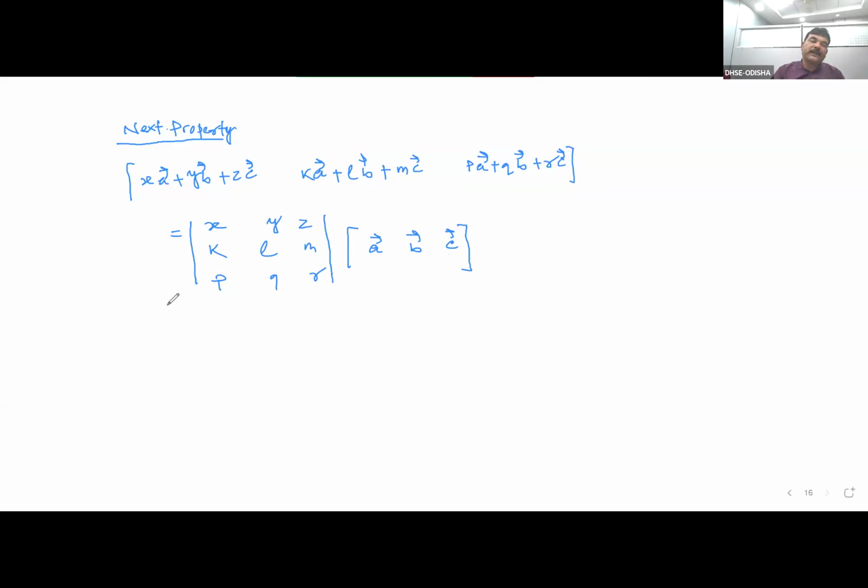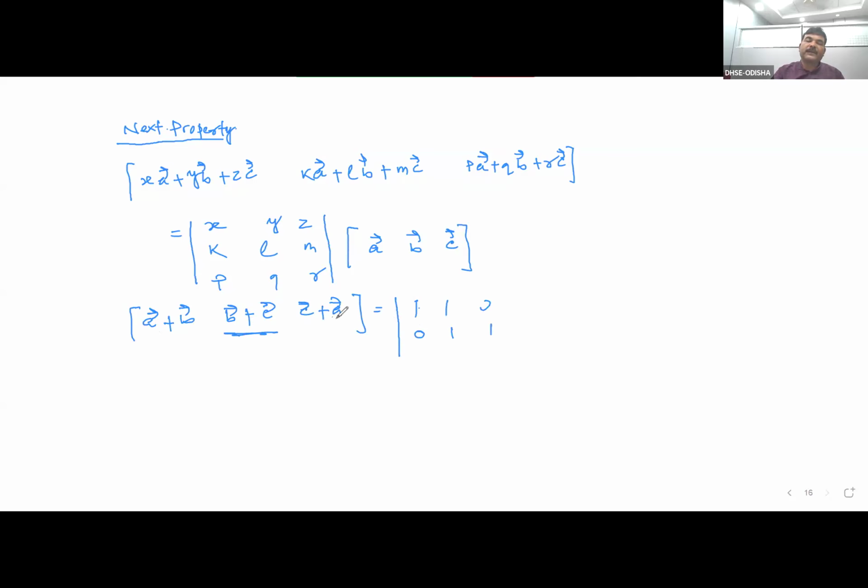So using this property, we can solve the previous question. Our previous question was A plus B, B plus C, C plus A. Okay. This is equal to determinant: coefficient of A is 1, coefficient of B is 1, and coefficient of C is 0. 1, 1, 0. Here coefficient of A is 0, coefficient of B is 1, coefficient of C is 1. 0, 1, 1.